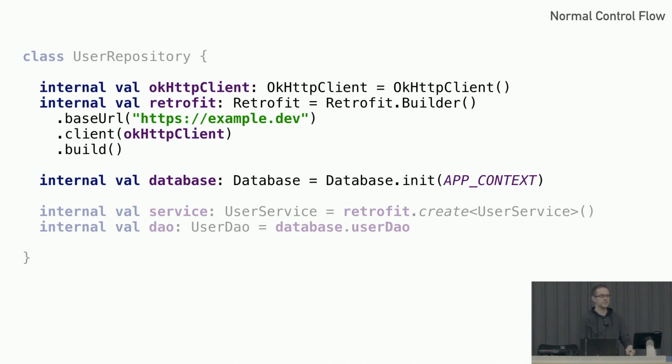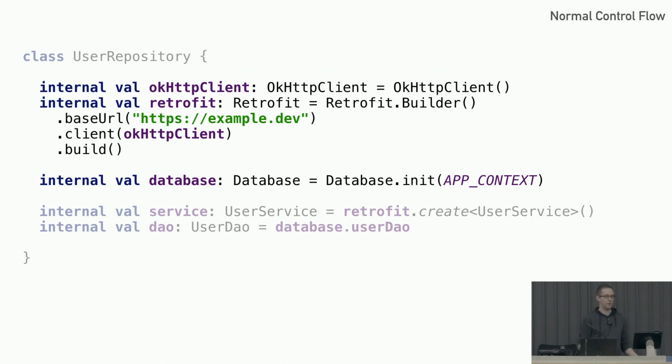That means that you also need to test it. And if you have hard-coded dependencies at the edge of your application here, like you need an actual database and you need an actual Retrofit service, how do you test those? You could, well, for the database, you could use Robolectric.